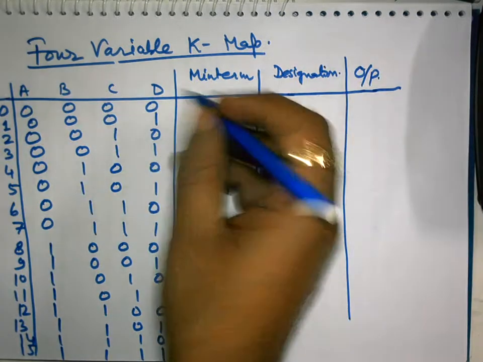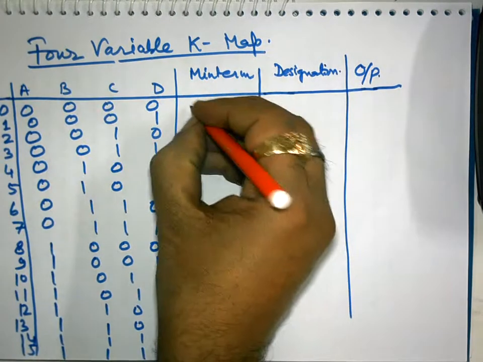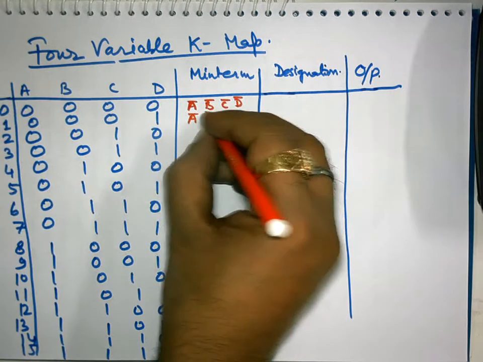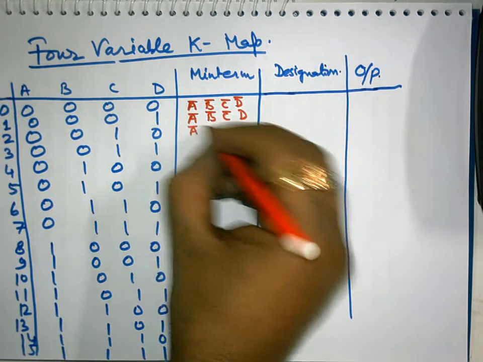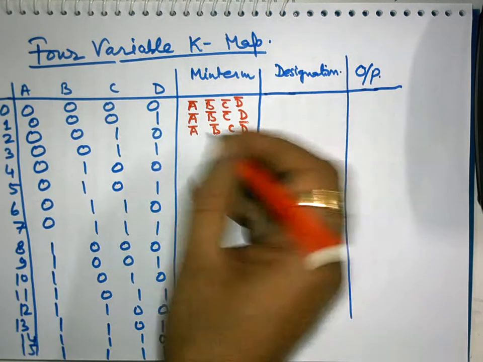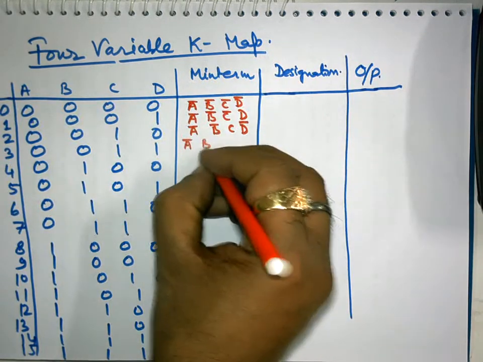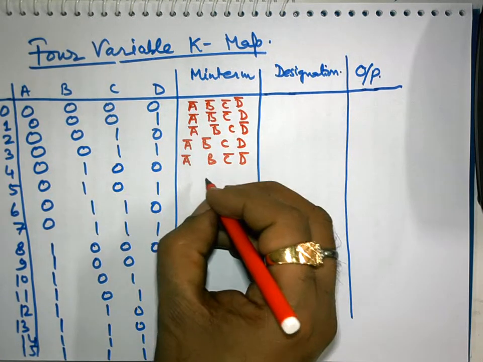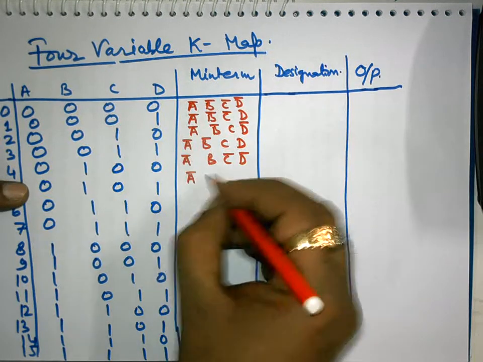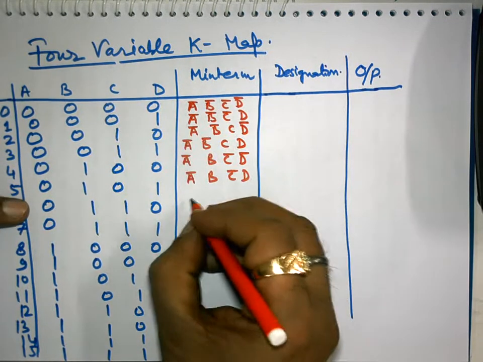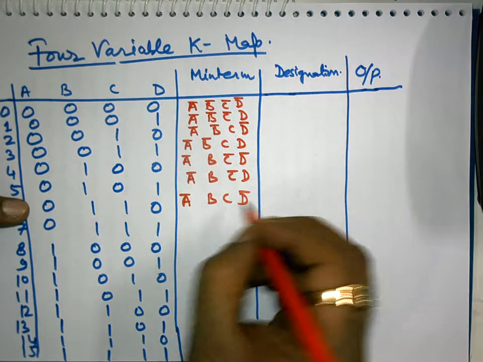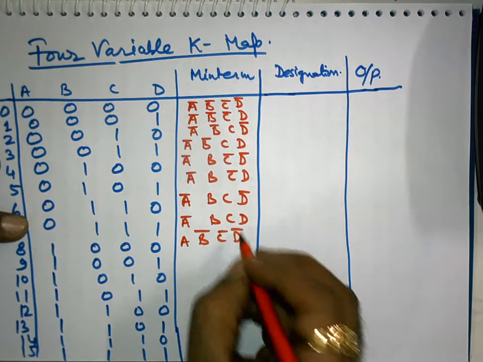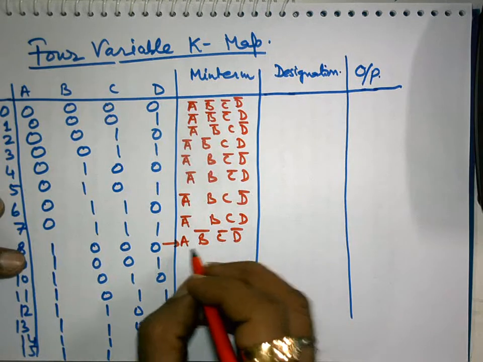And if you write down the corresponding min terms, it will be A bar B bar C bar D bar, A bar B bar C bar D, A bar B bar C D bar, A bar B bar C D, A bar B C bar D bar, A bar B C bar D, A bar B C D bar, A bar B C D, A B bar C bar D bar. Okay, this corresponds to this.